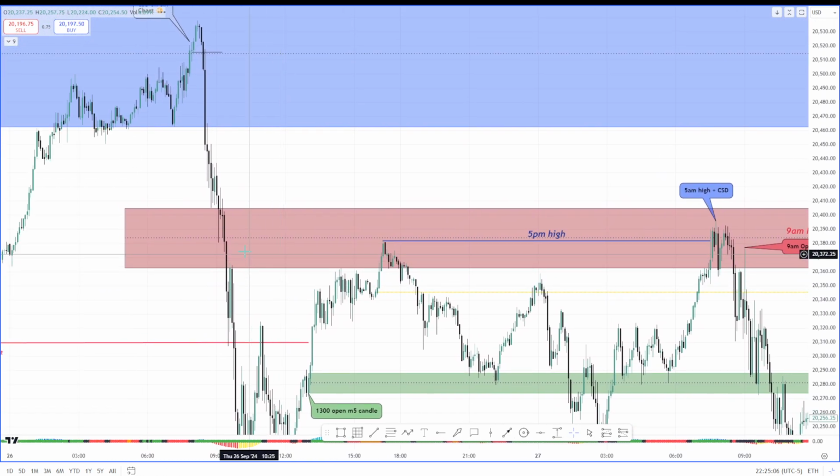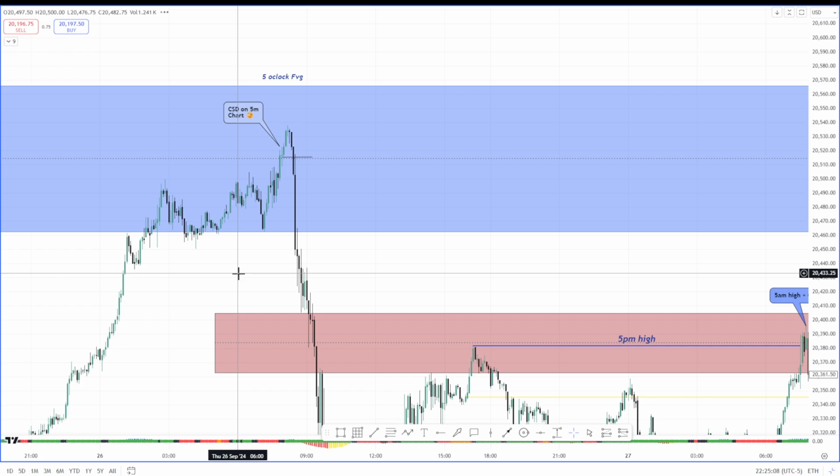I could scroll back here, and I posted a picture of this on Twitter where we have a 5 o'clock fair value gap, and boom, here's our 5 a.m. opening candle.